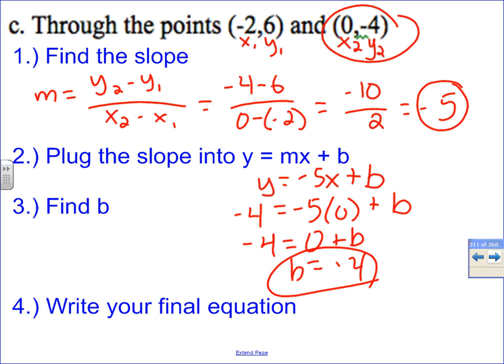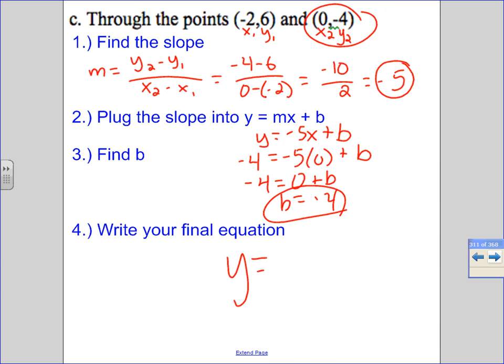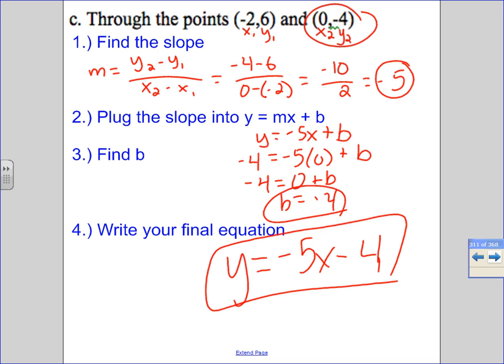That's why you guys were all looking at me like I was crazy, because you don't have to plug it in. But if you are not given 0, a number, that means you don't automatically know what b is. You need to take a point, plug it into the equation, and find b. So Charles and Donatus were right. The equation is y equals -5x minus 4.